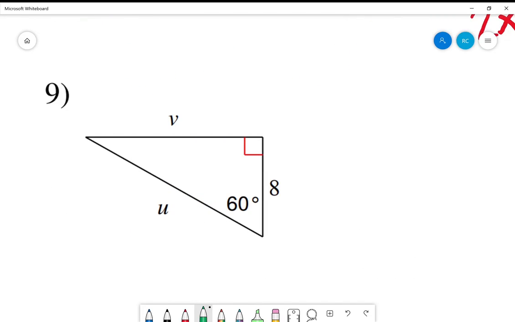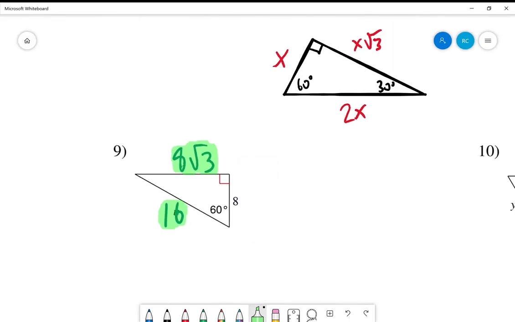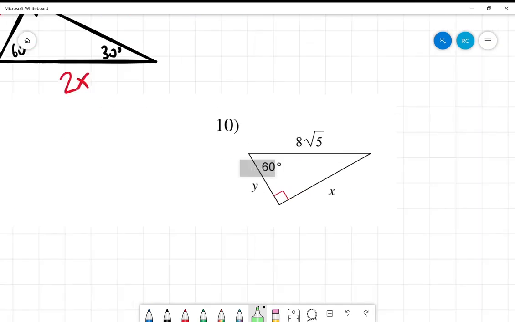We have the short leg, it's 8. The hypotenuse is twice that, which is 16. And the long leg is the short leg times the square root of 3. We're done again. Number 10 looks tricky.